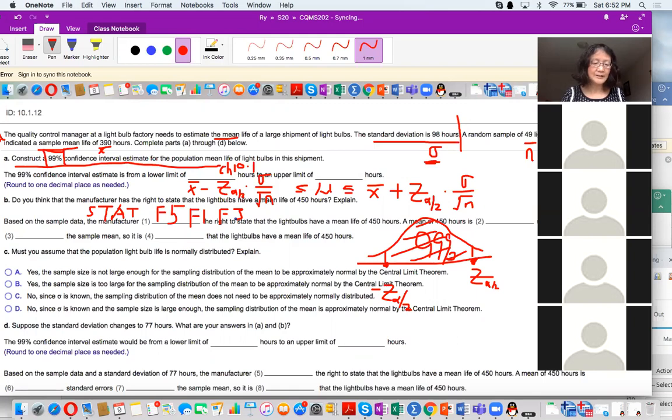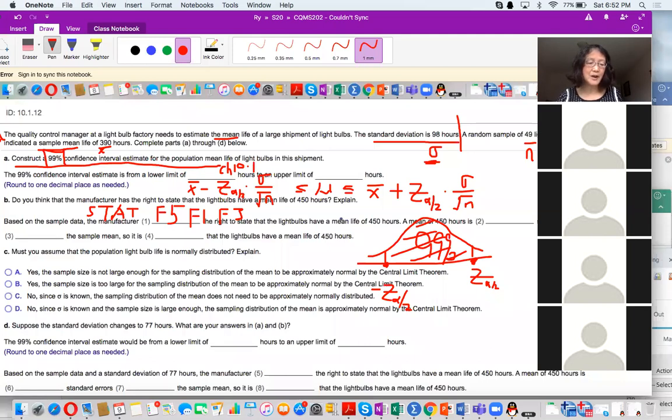So you type in under tail, central area 99%, which is the same as 0.99. Okay, area 0.99. Sigma, you type in sigma is 1 because this is a standard normal distribution. Sigma is always 1, mu is always 0.